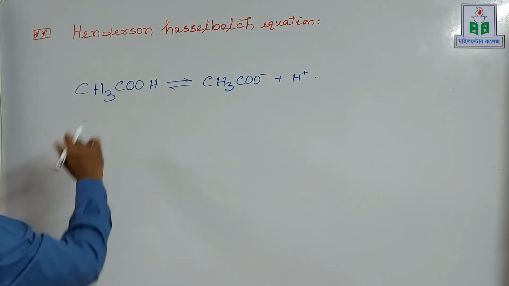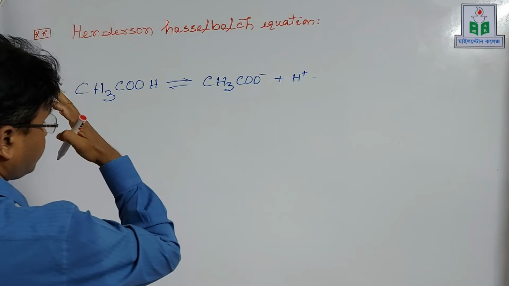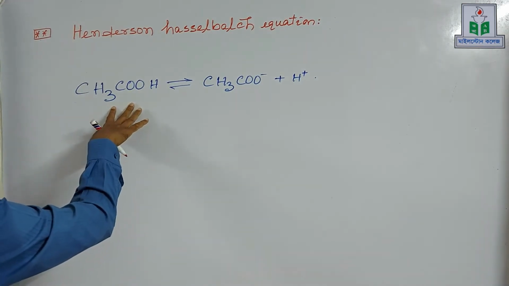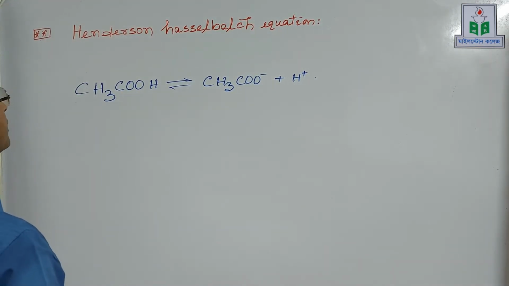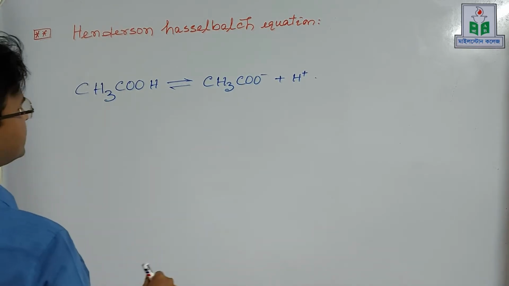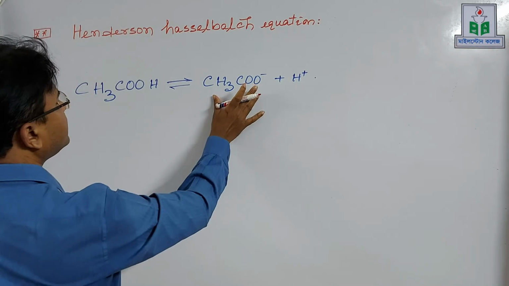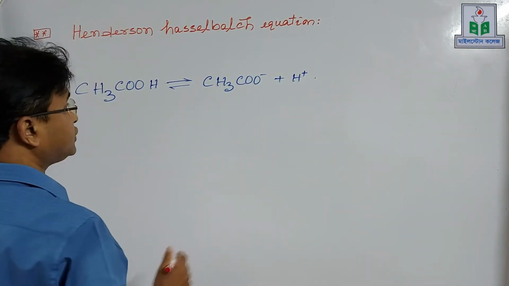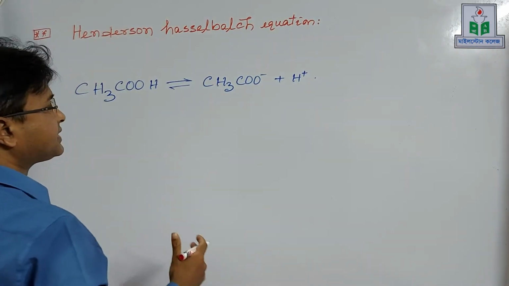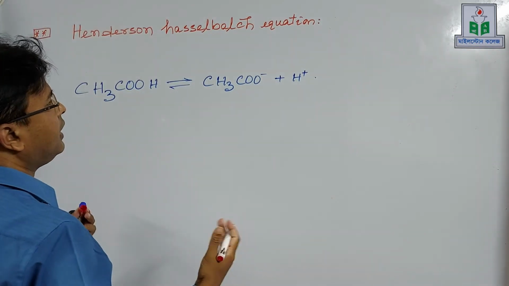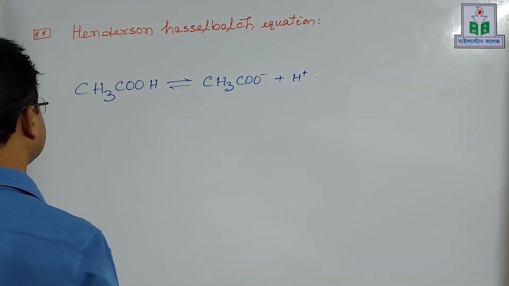Here ethanoic acid is the concentration of acid of acidic buffer solution, and the concentration of ethanoate ion is the concentration of salt of acidic buffer solution.